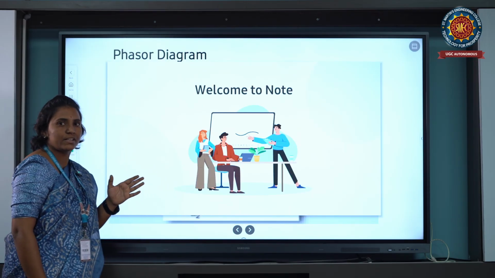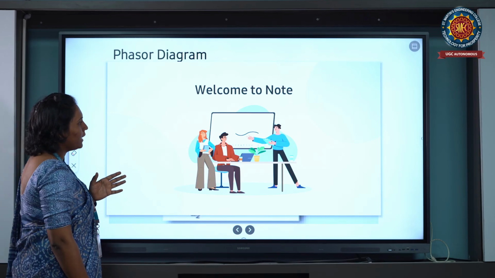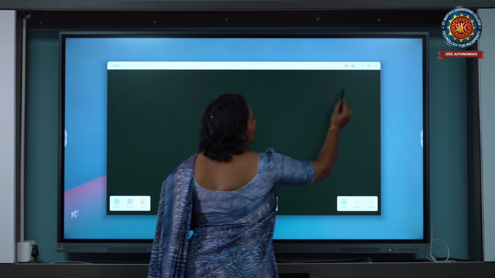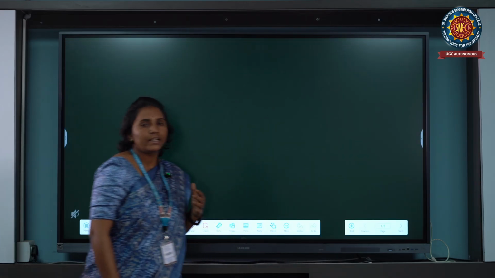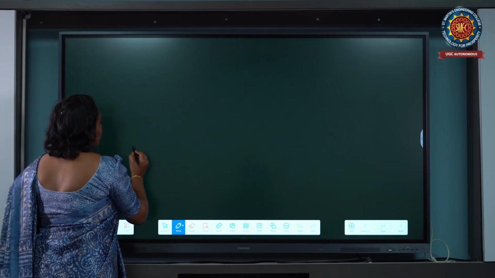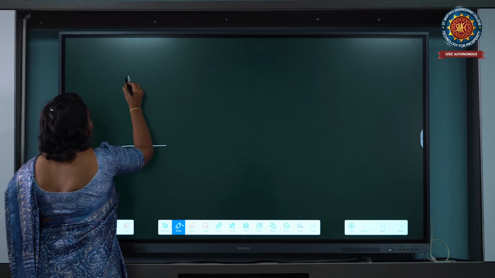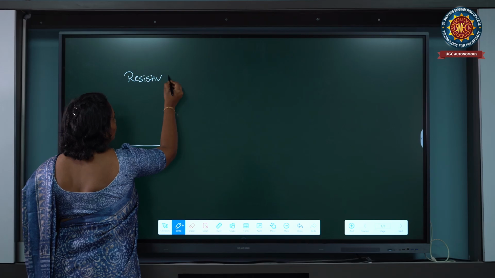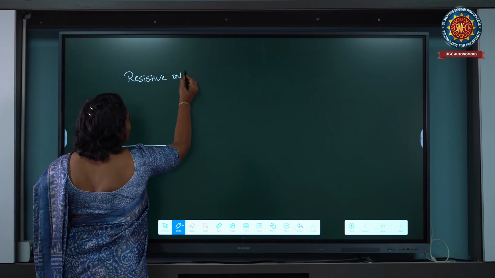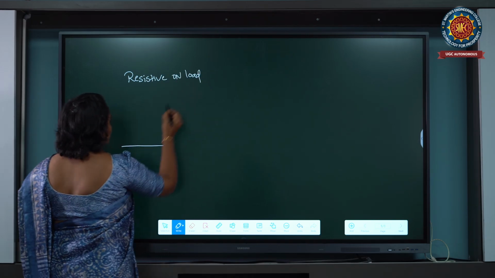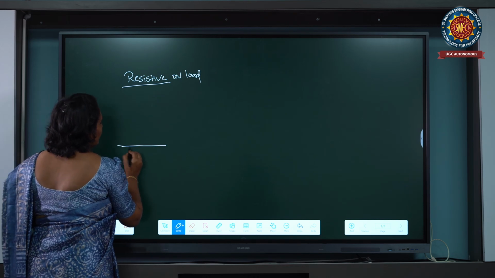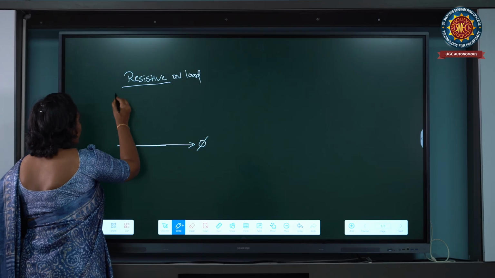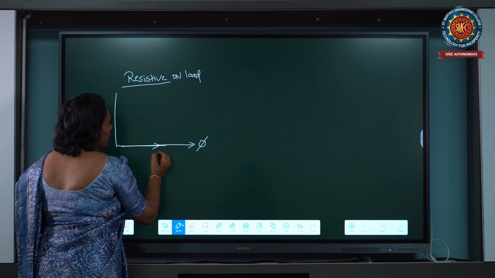Let us discuss the resistive load of the practical transformer with on-load condition. Resistive nature. Here I have taken the flux as the reference.